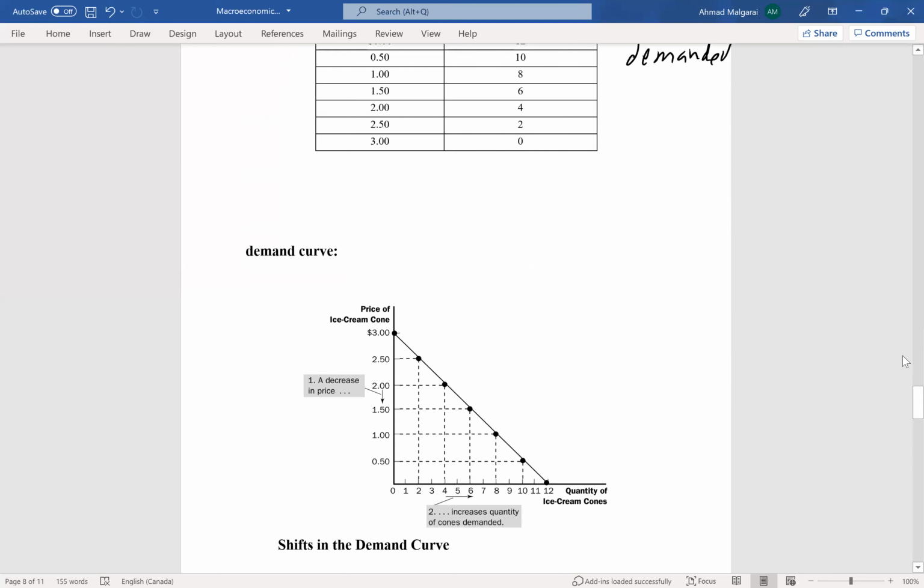And the demand curve, on the other hand, is a graph of a relationship.